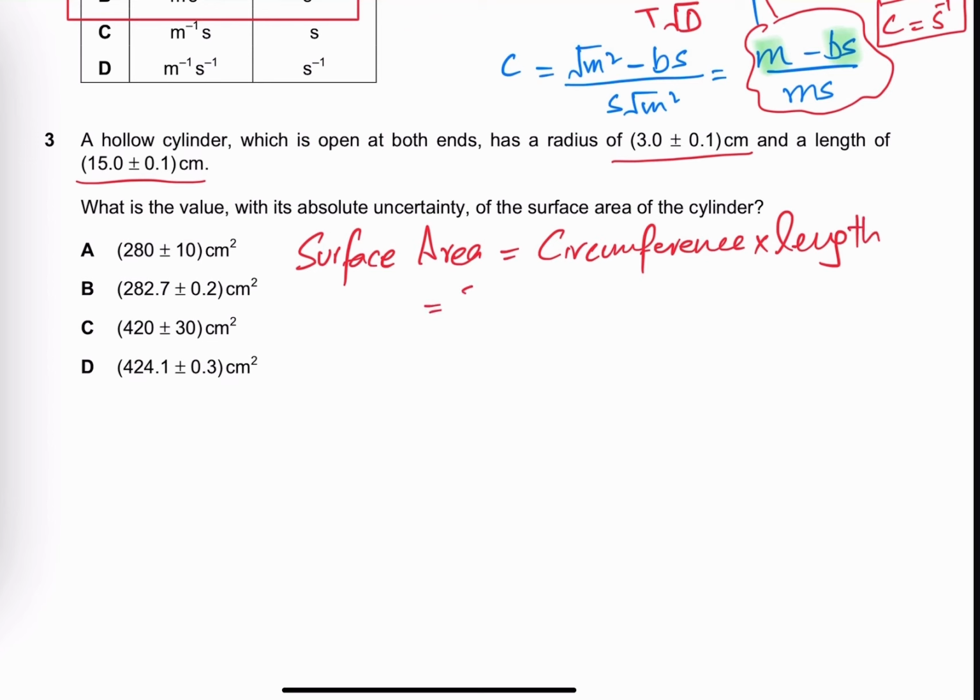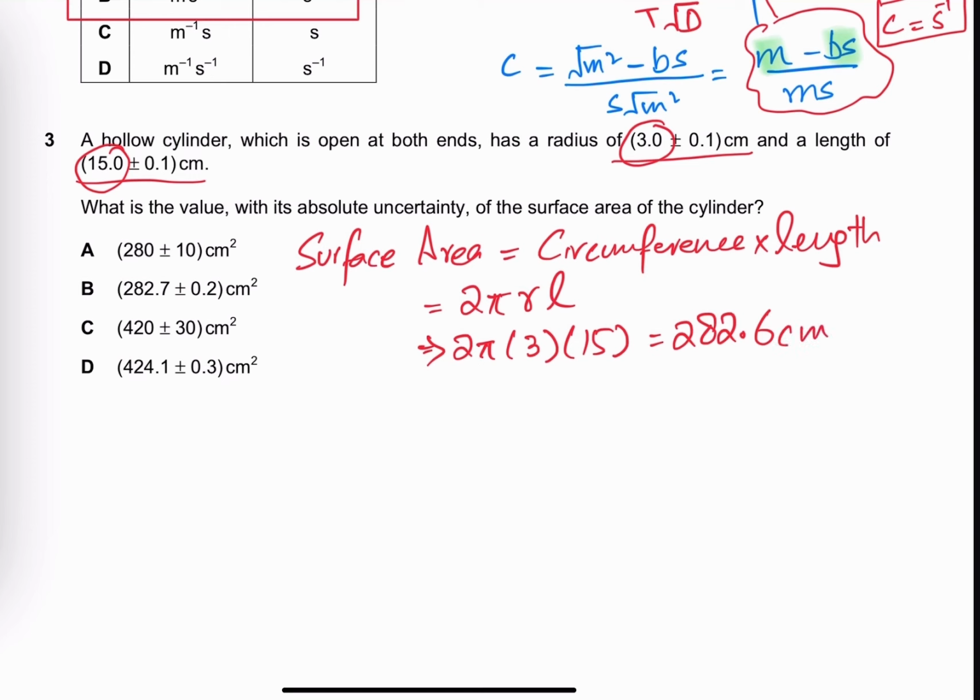So this will be 2 pi r into L. Putting the values, 2 pi r is 3 and L is 15. So multiplying all these values, we will get 282.6 centimeter square.